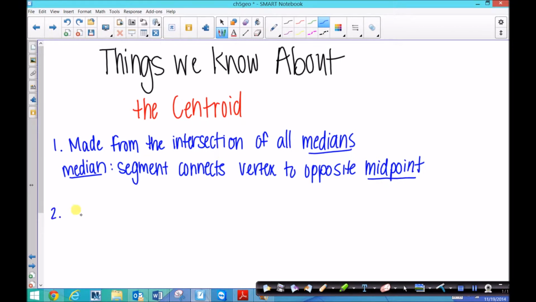Now, the centroid has a special property, and it creates two formulas for us. The centroid takes a median, if this is our median, and let's say that this is our vertex and our midpoint.